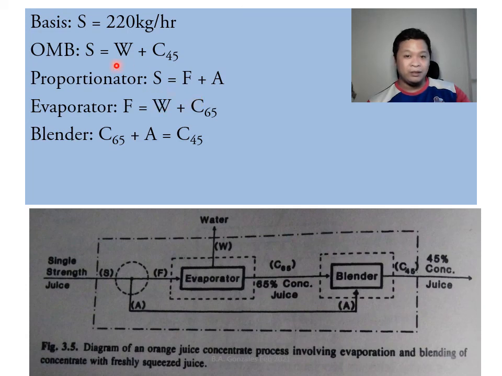So you have 4 equations, and then 1, 2, 3, 4, and 5 unknowns. So kailangan nyo pang gawan ito ng mga component balance para more or less ma-bring up nyo yung relationship ng iba pang variables para ma-solve nyo siya. So I recommend that you follow yung mga steps in the previous slides to try and solve this.